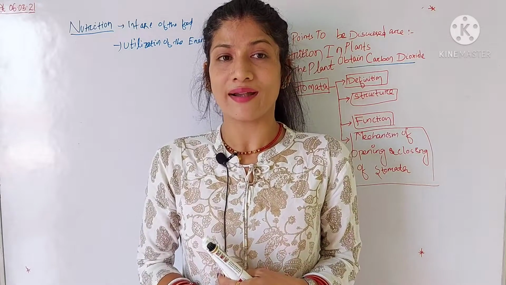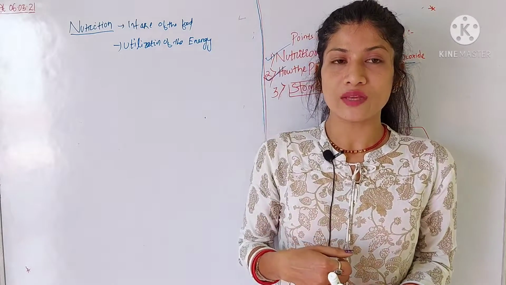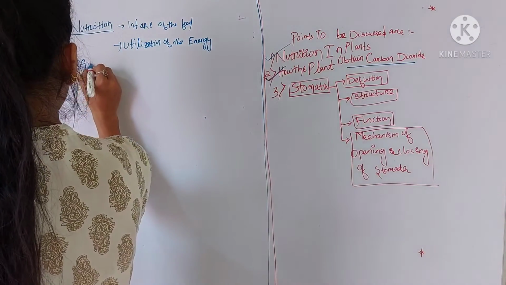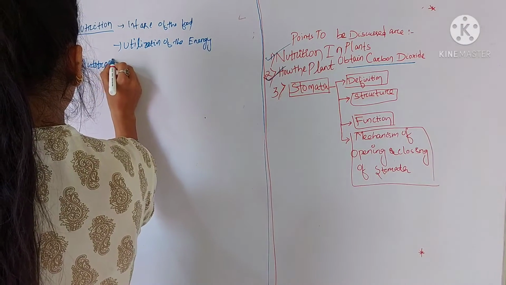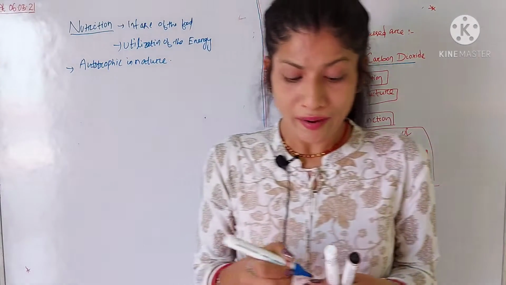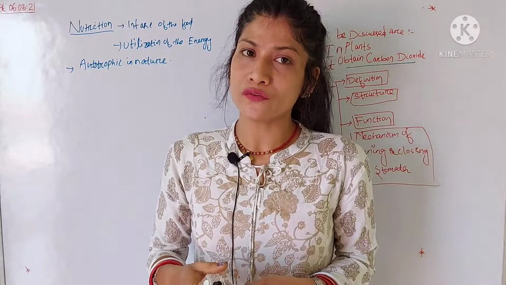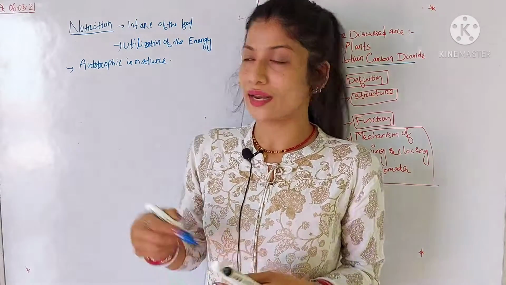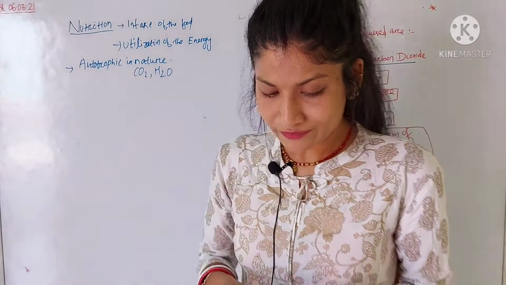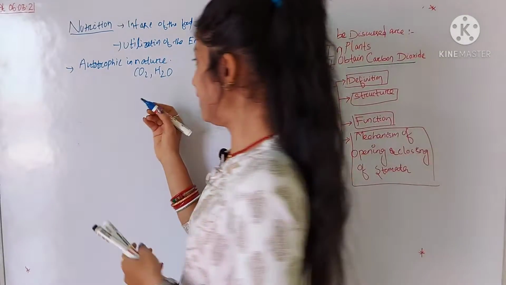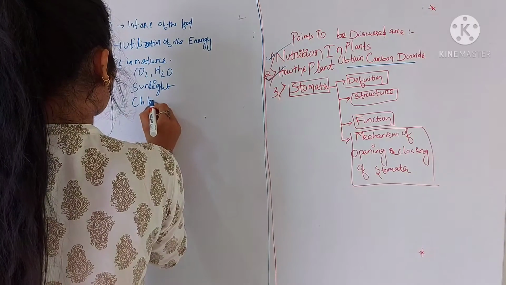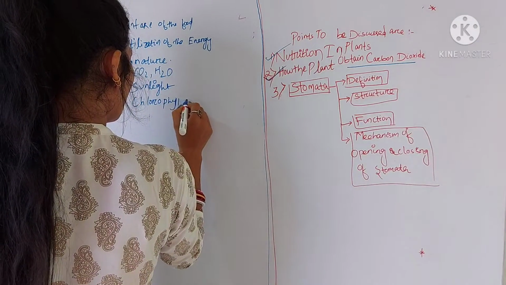Similarly, the green plant also requires energy to perform the various activities, and the green plant is autotrophic in nature as they prepare or synthesize their own food by using simple inorganic material, that is carbon dioxide and water, by using sunlight and in presence of chlorophyll pigment.